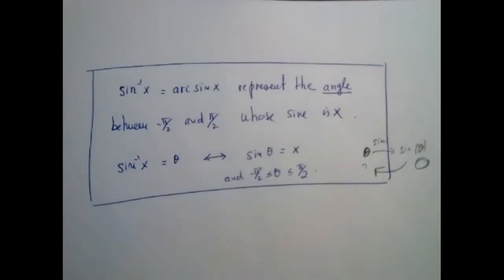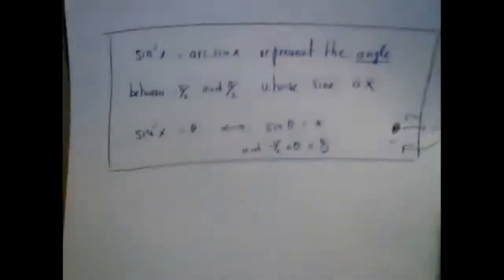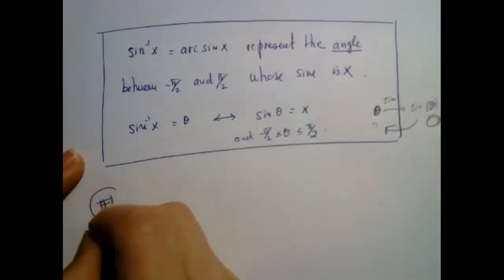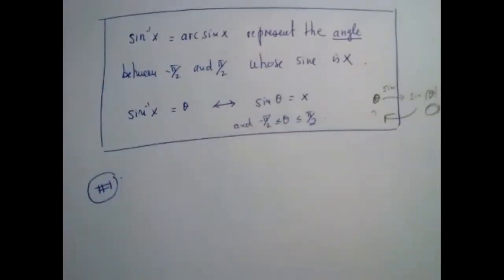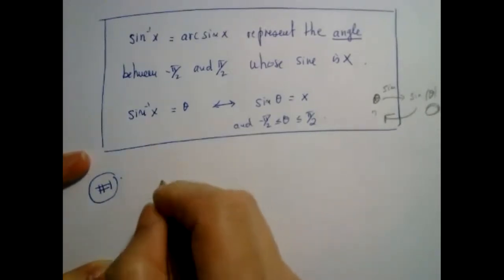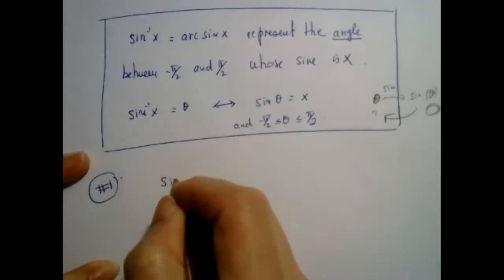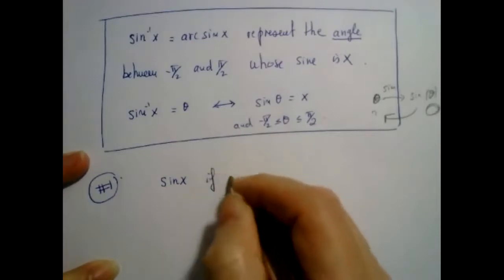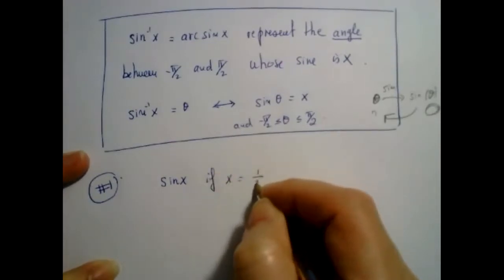All right. I see one question on chat, I will do it, but before that, I want to go through number 1 in the assigned homework to make sure you understand it carefully. So please have your calculator ready. Number 1 tells you, find the following. Sine x if x equals half a degree.